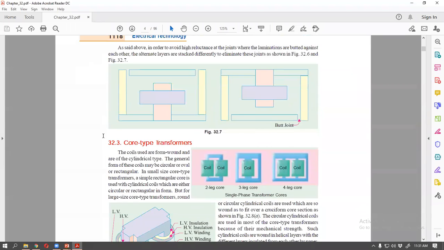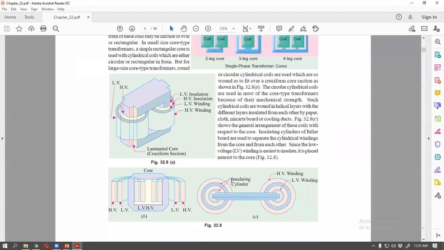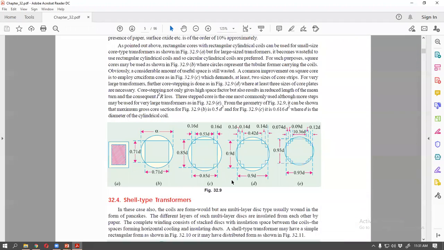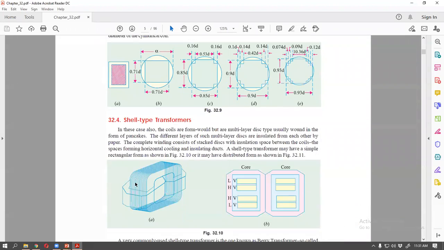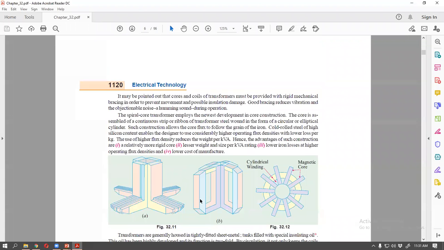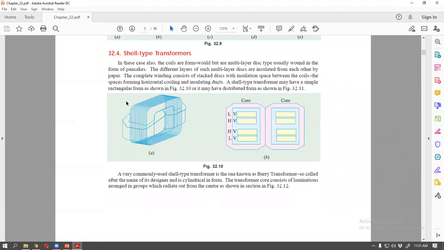This is a port type transformer, and another is the cell type transformer. This is the one cell, this is the cell path. Mini path, 1, 2, 3, maybe 20, 25 different paths.